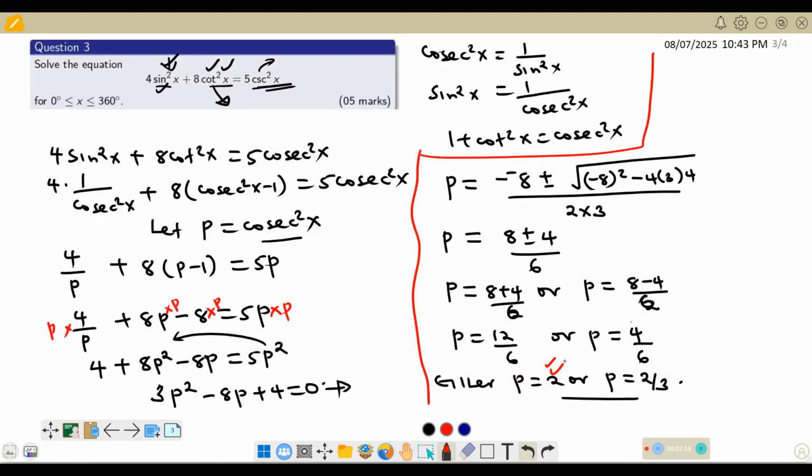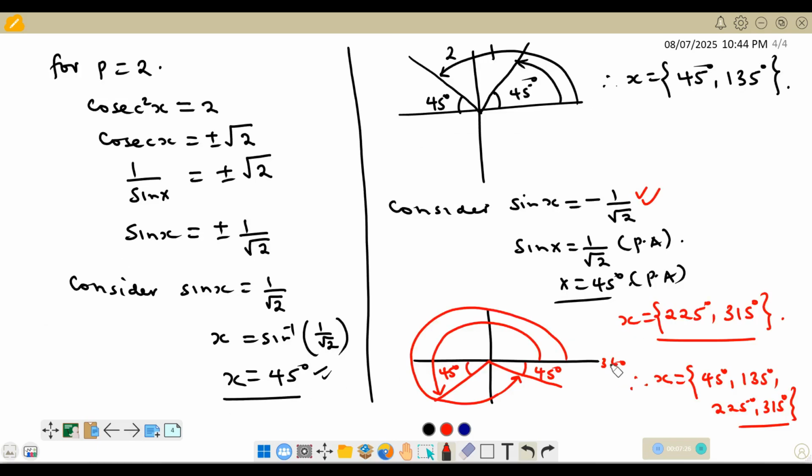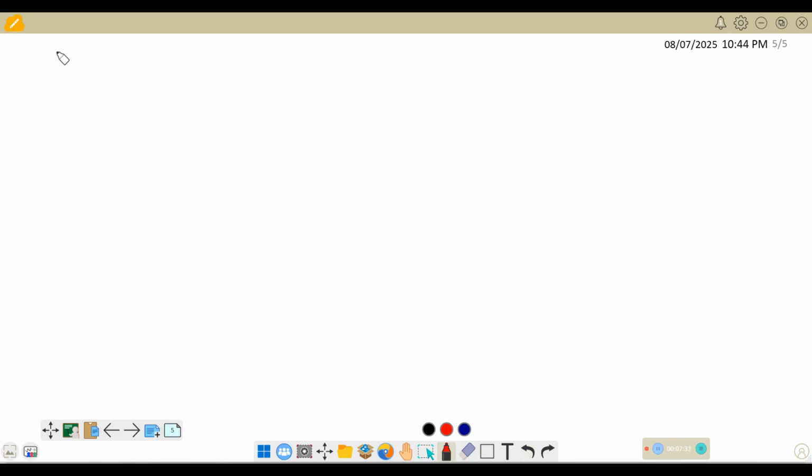But we also have p as 2 out of 3, so we also need to look at that. The one for p equal to 2 has given us these angles. So we look at the next, which is for p equal to 2 divided by 3.